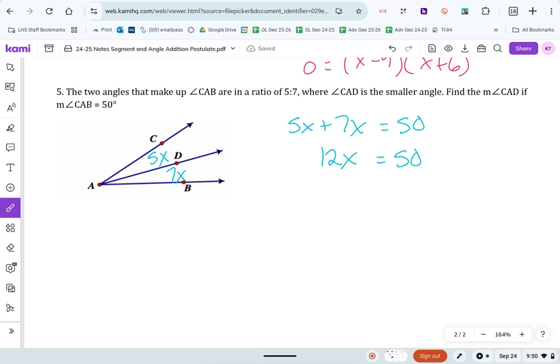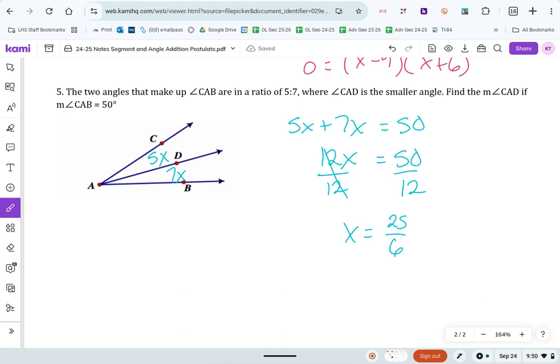So now we're going to figure out how much one piece is worth. So 12 pieces is 50, so divide by 12 on both sides. We're just going to leave this one as a simplified fraction, so 25 over 6. So that means that each piece of the angle is worth 25/6.